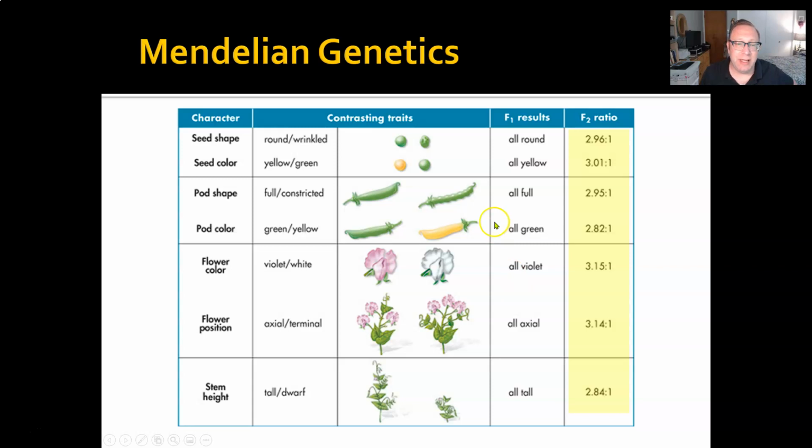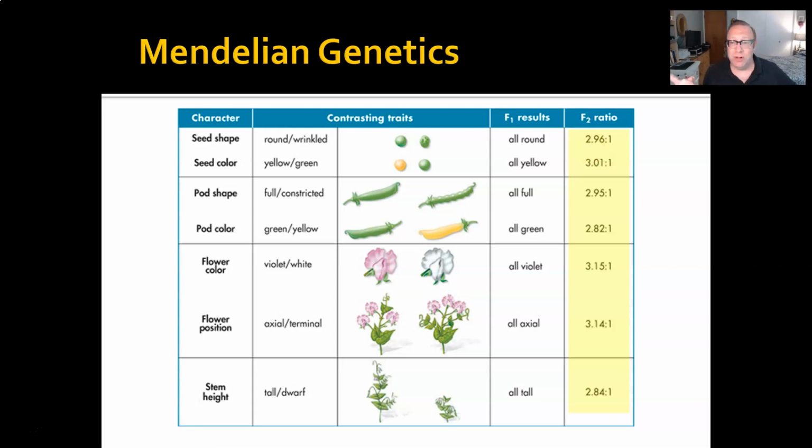The most interesting thing is, here are the actual ratios he found when he did his experiments. All of them are very close to 3 to 1. All of them. Considering the conditions he was working with and not knowing anything about chromosomes, and not necessarily having great controls on the original true breeding population, he ended up with slightly different numbers for each of these, but they all hover around that 3 to 1 ratio because these are dichotomous traits.